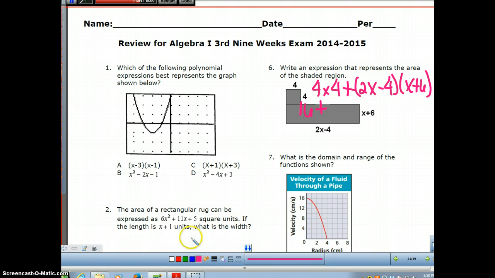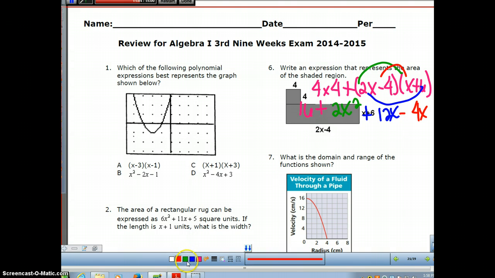Okay, so let's do first. So we get plus 2x squared. We'll do the outer, plus 12x. Inner, minus 4x.